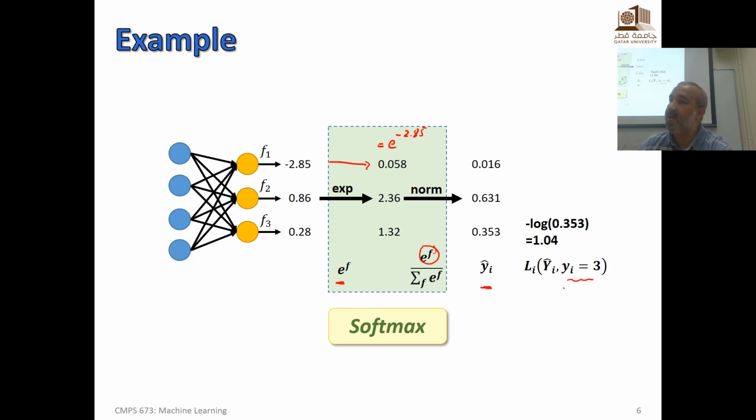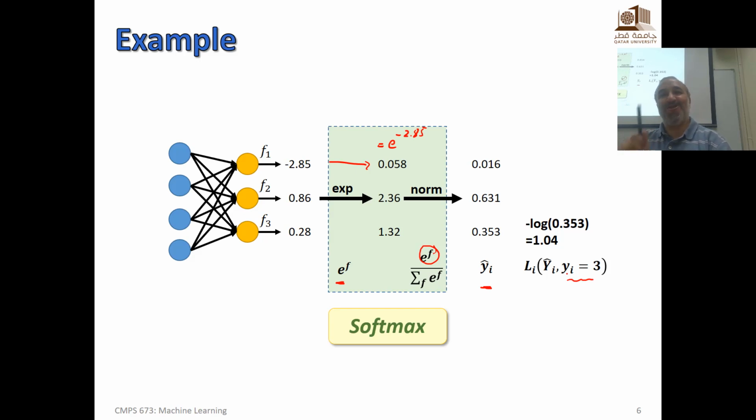Is that clear? So this is the way we compute the loss for one single training example. Let's say that the true label was 2, not 3. The predicted class is 2, and the true label is 2, right? So what should be the loss?